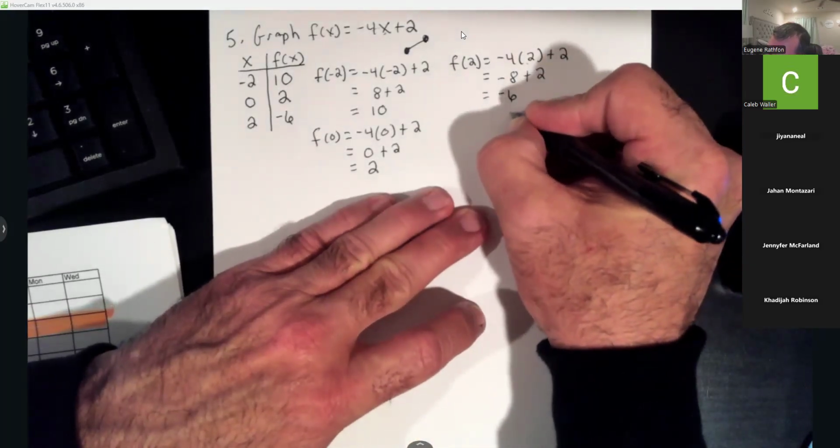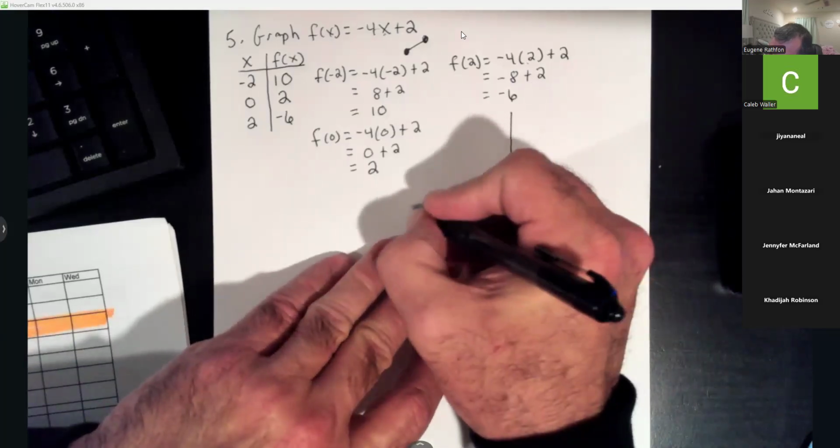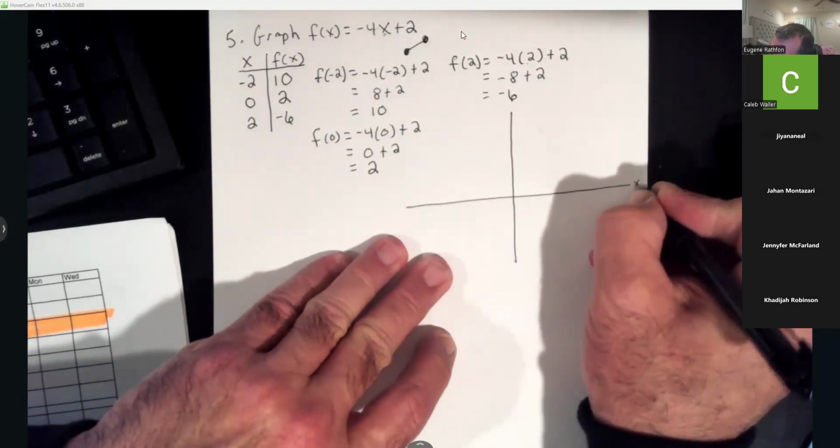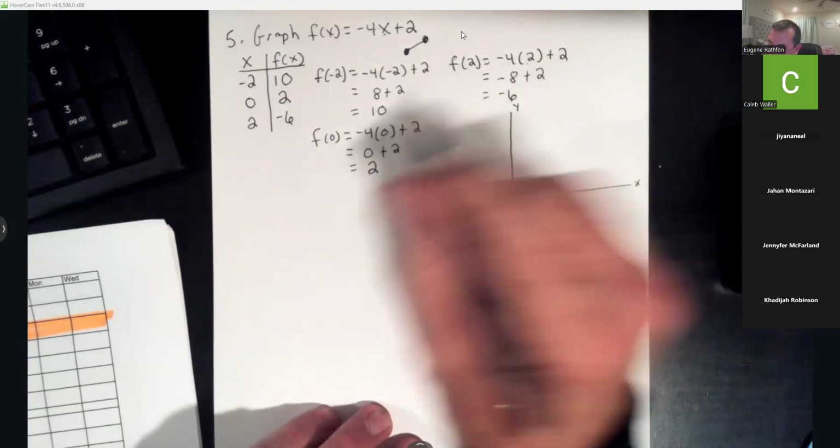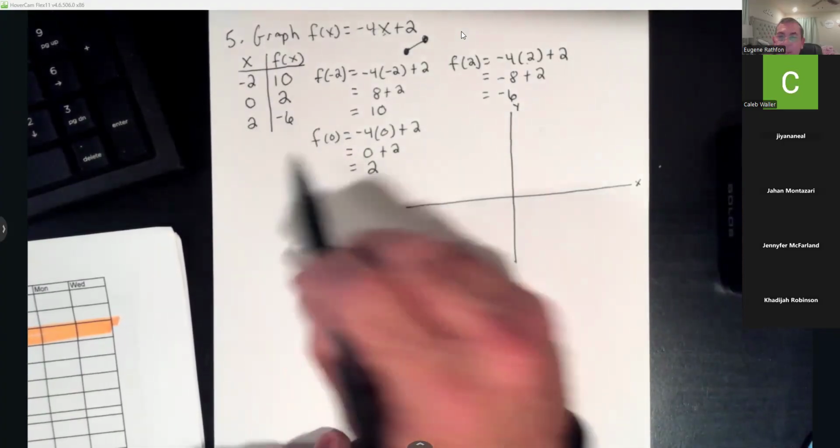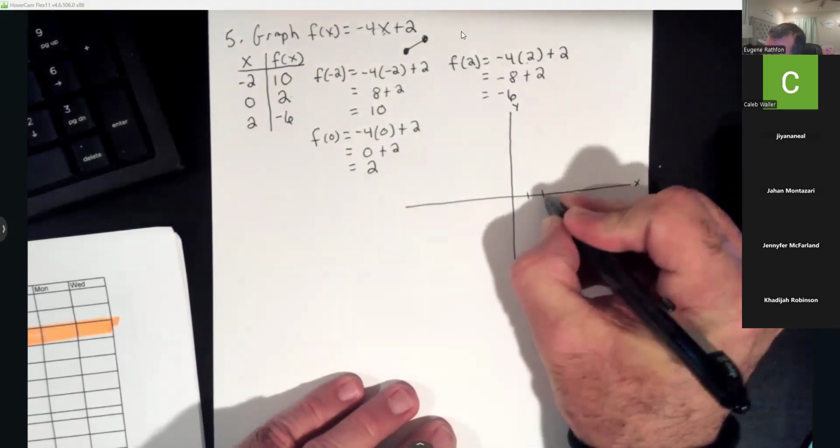All righty, so I'm going to plot these 2 points here. So I'm just going to go out about 6 on this.